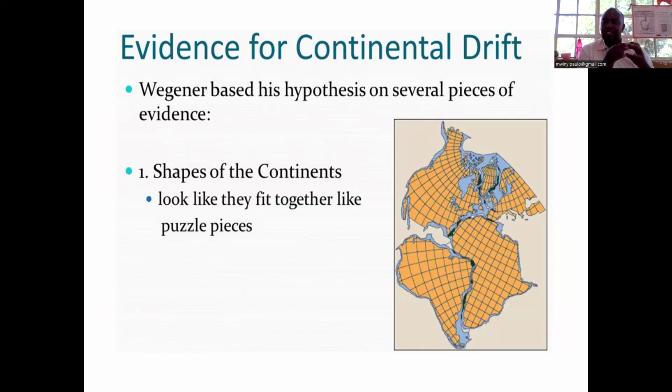This is what we call the jigsaw fit. Like on your right, you can see that picture showing that the continents look like they fit together. So that's evidence. If you look at South America and Africa, it goes without saying that these two continents were once together.